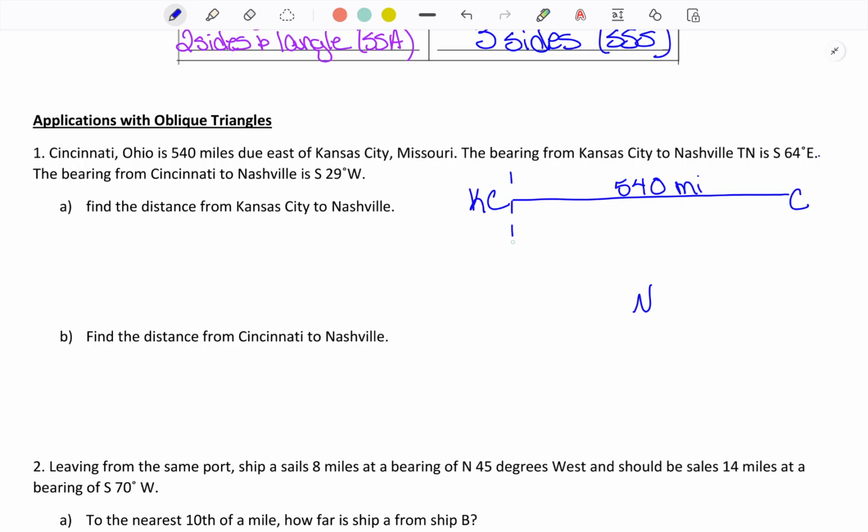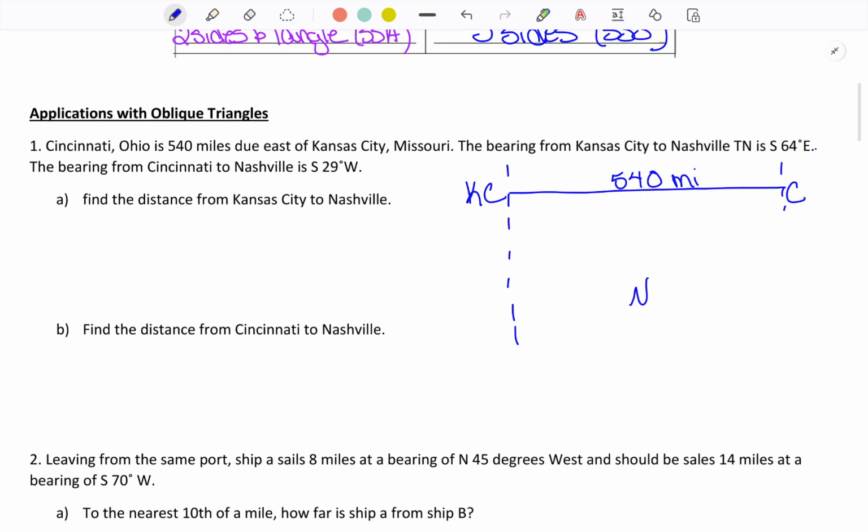So if we think about that north-south line from each of these cities, then Kansas City to Nashville is south 64 degrees east. So we're going to go south and east 64 degrees to Nashville. And then Cincinnati to Nashville is south 29 degrees west.